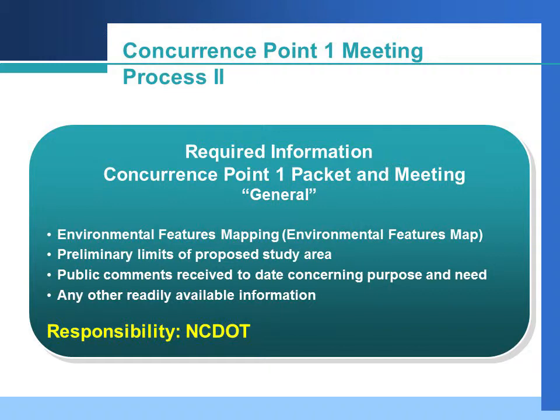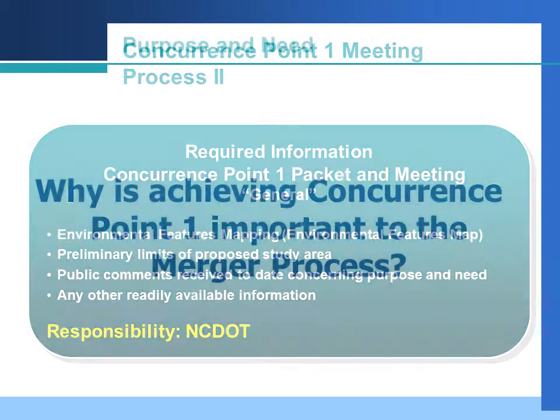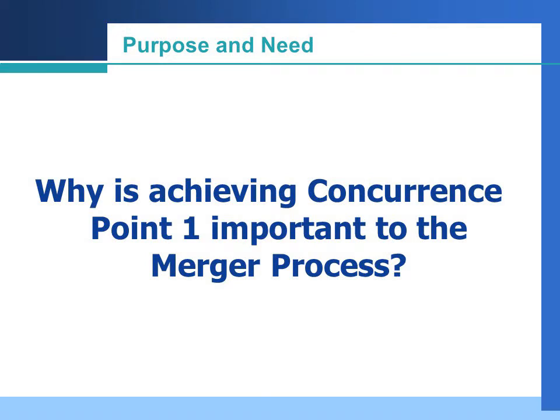As mentioned earlier, needs for the proposed action generally fall under one of the following areas: capacity deficiencies, safety, system linkage, travel time, access needs, traffic compatibility, legislative mandate, or economic development. The same detail information as discussed for Process 1 will be required at the Concurrence Point 1 meeting for Process 2.